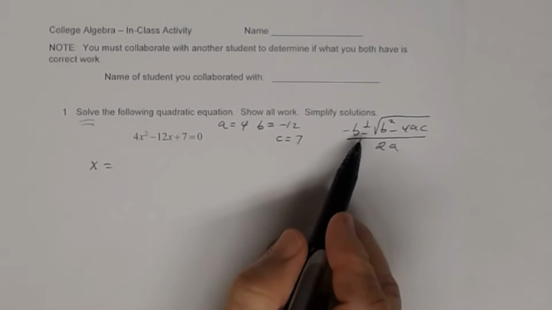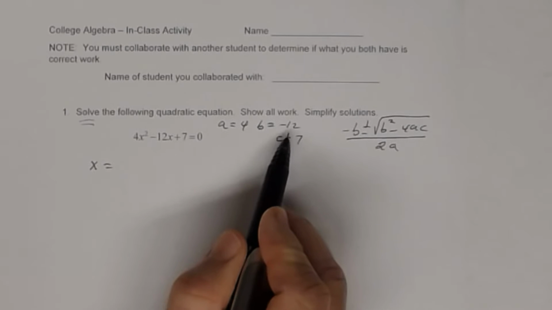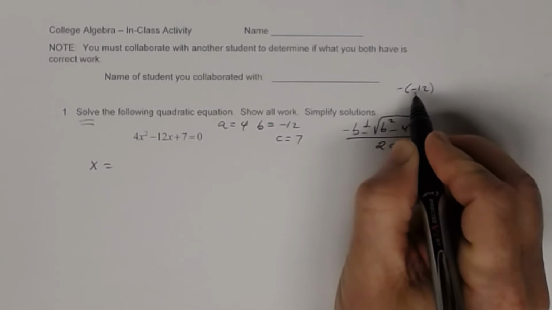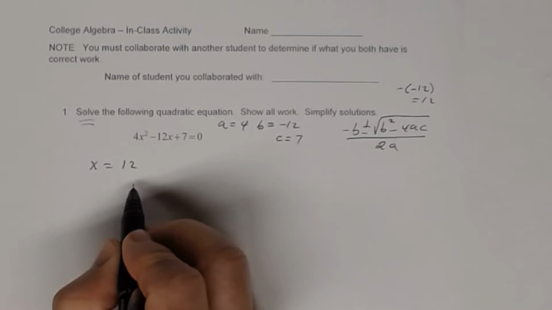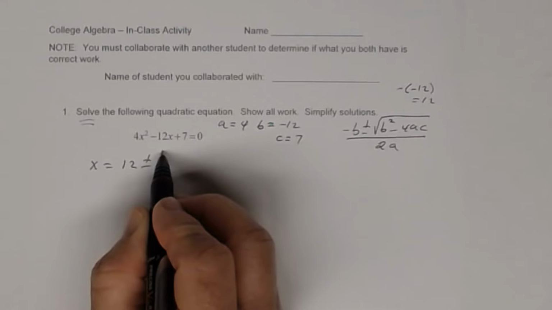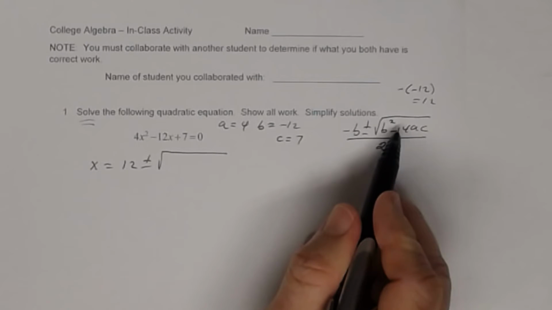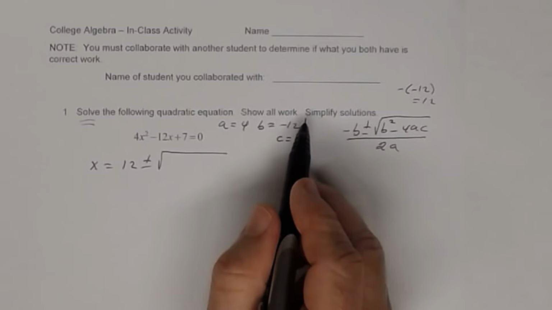So x equals the opposite of b. B in this case is a negative 12. So remember, the opposite of a negative 12 is a positive 12. So I'm going to put positive 12 here, plus or minus the square root of, we're squaring b. Now remember, whenever you square b, it is never negative. So be careful.